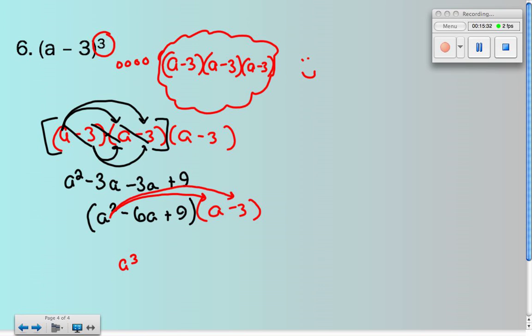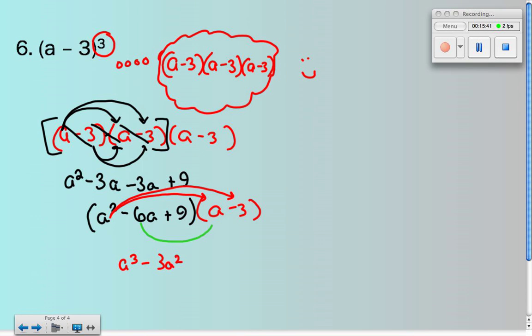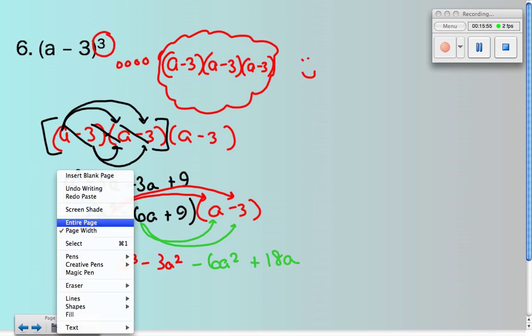A squared times negative 3 is negative 3a squared. Negative 6a has to get distributed. Negative 6a times a is negative 6a squared. Negative 6a times negative 3 is a positive 18a. The last one.